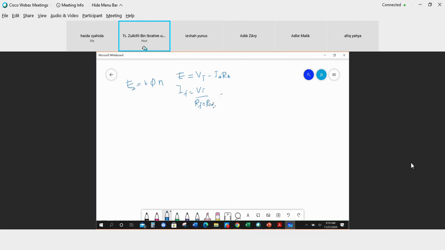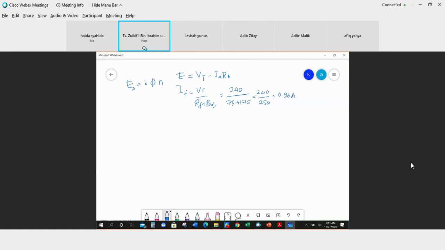So dekat sini your IF will be equals to your VF 240 divided by your RF 75 plus 175. So 240 divided by 250, it's equivalent to 0.96 ampere.